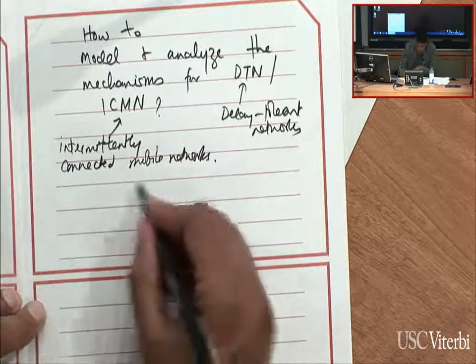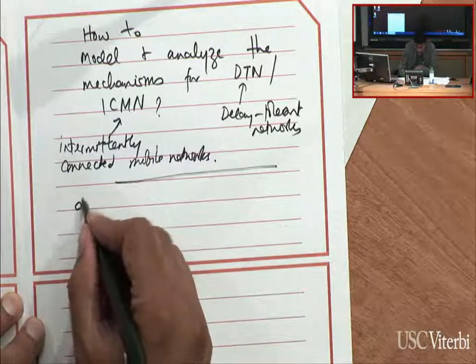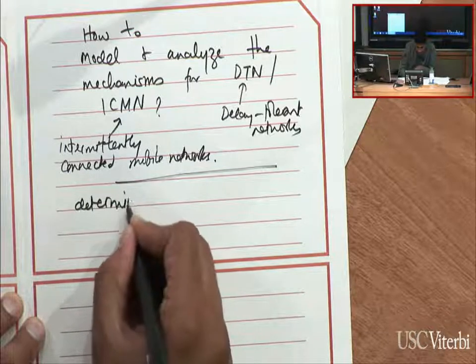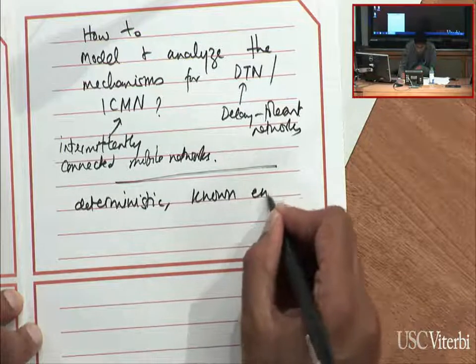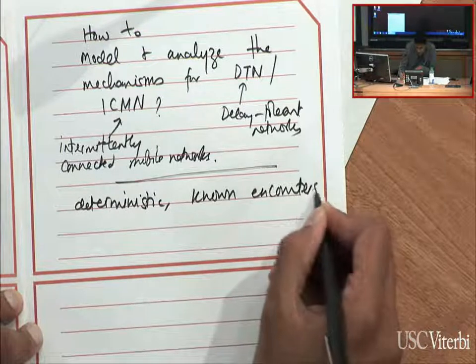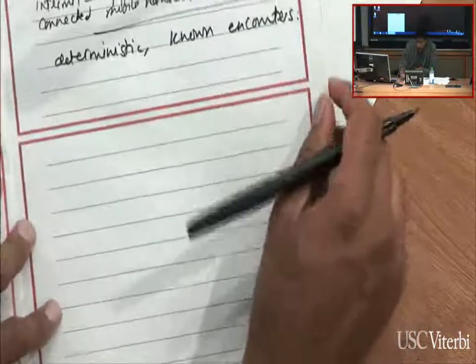So one way to think about this problem is, what if you have deterministic known encounters? Okay. What might that even look like, first of all?